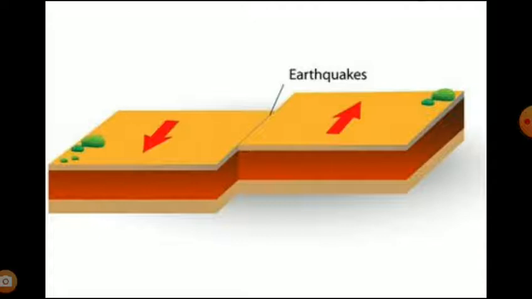As we can see in this figure, an earthquake took place, and as a result, the two sets of layers are moving apart from each other. Each set of layers is one plate, but as equal force is applied by each plate, they are moving away from each other.